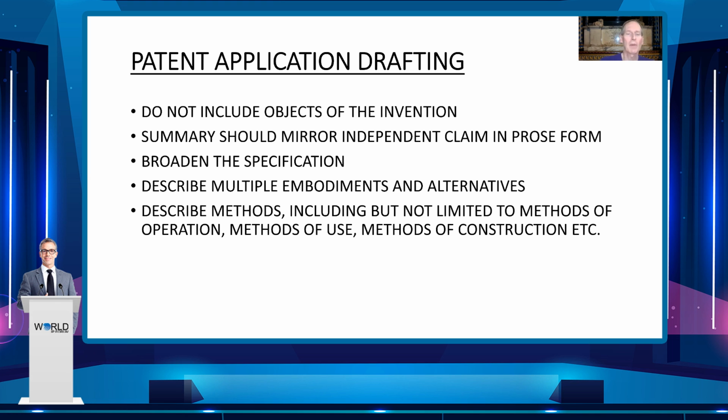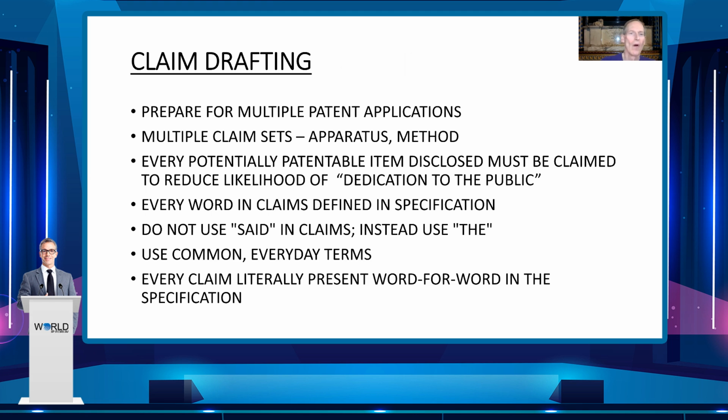You want to broaden the specification, include multiple embodiments and alternatives to those embodiments. And you want to describe methods, not limited only to methods of operation, but methods of use, methods of construction, every type of potential application of the invention you want to include in the patent application.